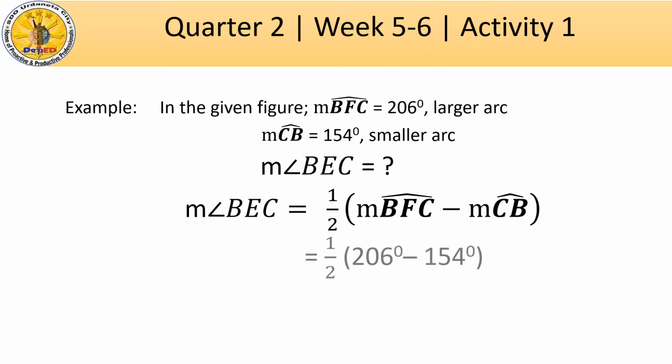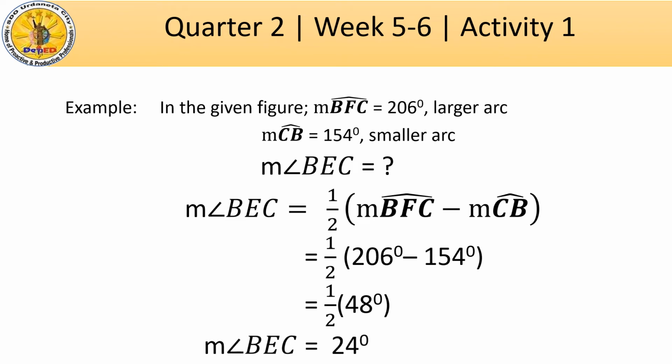So by simplifying, 1/2 of the positive difference of 206 degrees and 154 degrees is equal to 24 degrees. That is the measure of the angle BEC.